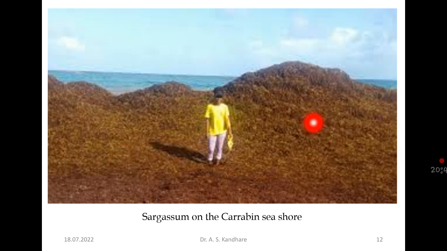And this Sargassum can be used for different purposes, isn't it? It can be used as food, it can be used as fodder, in industry, in confectionery, isn't it? So there are many uses of brown algae.